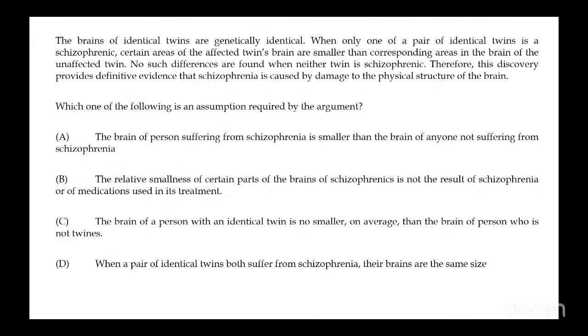So it says when the brains of these identical twins, they are generally genetically identical, but if one is suffering from schizophrenia, the areas of the affected twin's brain are smaller compared to the areas in the brain of the unaffected twin.